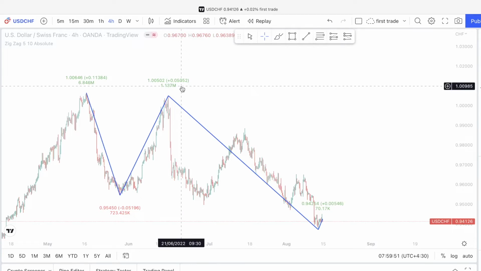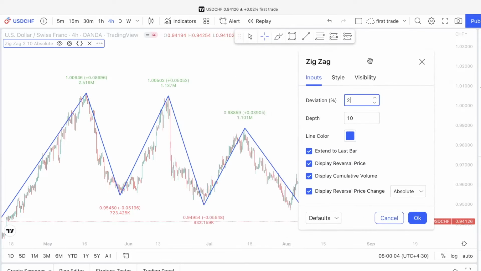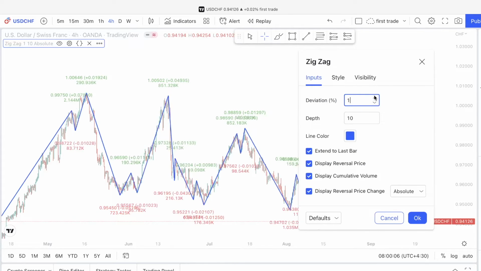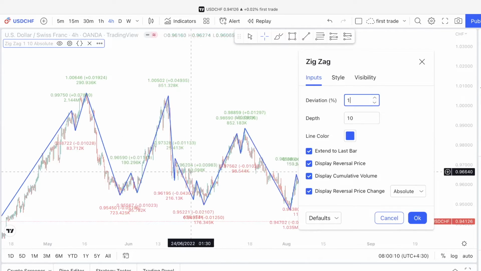I can play with the settings. For instance, I can change the deviation to get more specific trends. As you can see, when I change it to 2, it gives me more details, like it shows me all the waves, even minor waves, everything.